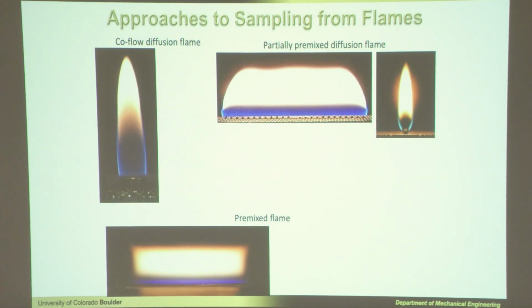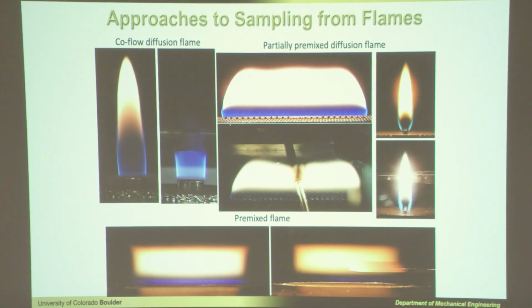Okay, so here are a whole bunch of flames that we use in our lab. All of them give different combustion conditions, right? And here's what happens when you put a probe in them. So you can see we actually do a lot of experiments where we probe the flame, and the probe perturbs the flame in different ways.